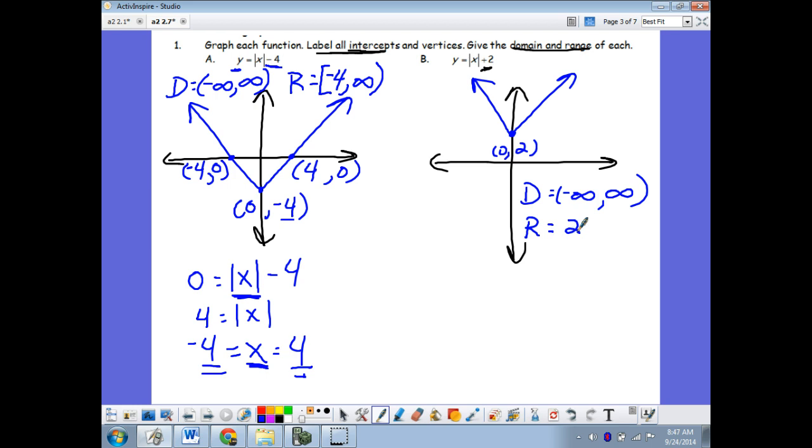Again, we deal with the y coordinates with the range, x coordinates with the domain. Now, since this one includes 2, we put a bracket around the 2, and the top of the graph is infinity. Okay? So that's dealing with the vertical translations of these graphs.